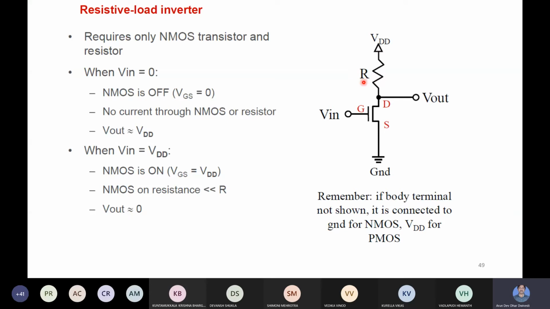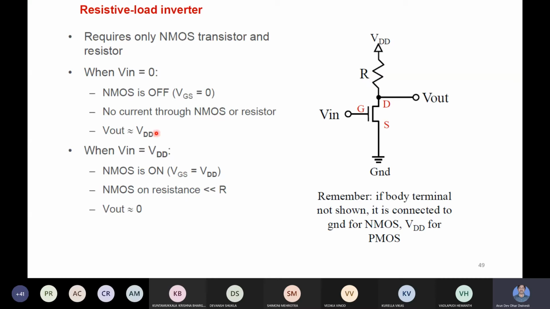Here, basically, the resistance is taken as a load, and this circuit also works as an inverter. When the input is 0, when you are applying logic 0, this transistor will be off, and then V out will be connected to VDD through this load. So V out is nearly VDD.